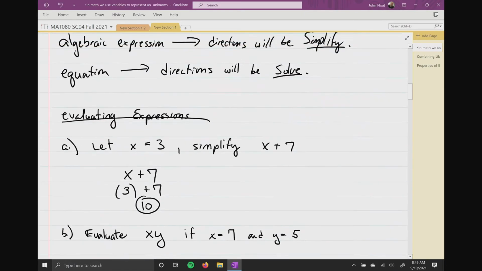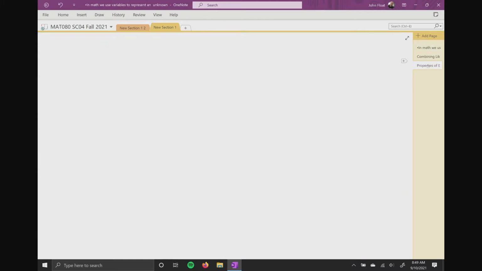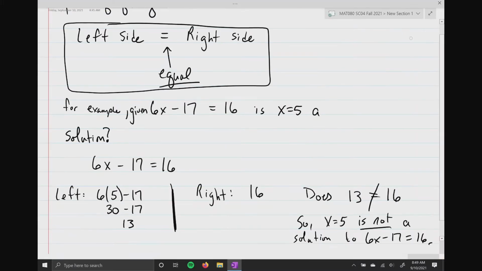Here, evaluating expressions. Notice the x plus 7 is an expression. Here, it's basically the same thing. Now remember, an expression equal to an expression is an equation. So all I did was just broke it down. I said, okay, here's my left expression. Here's my right expression. I want to know if these two things are equal.